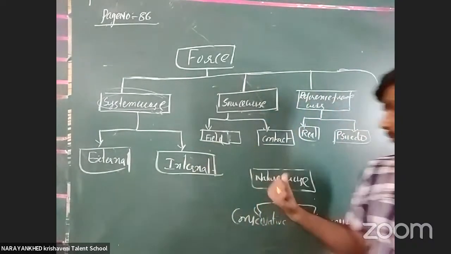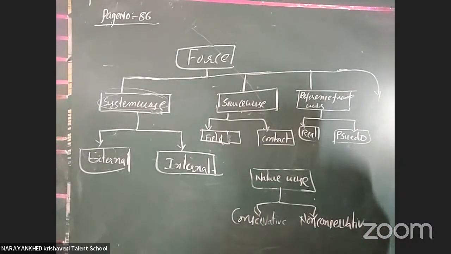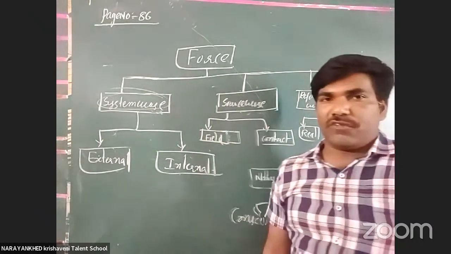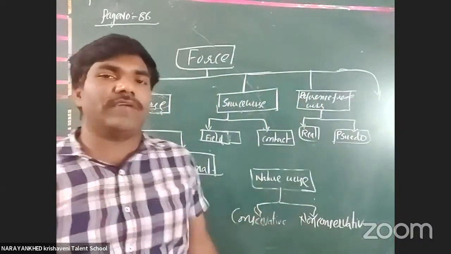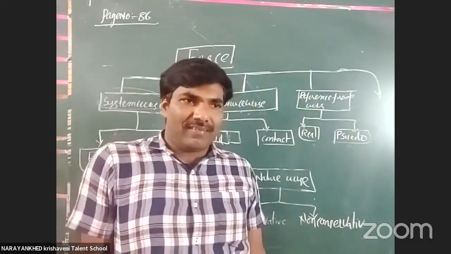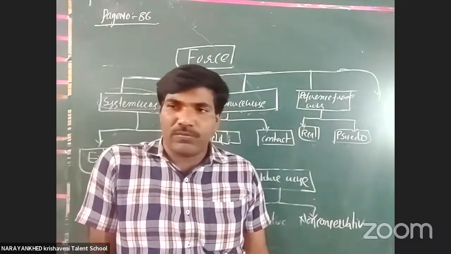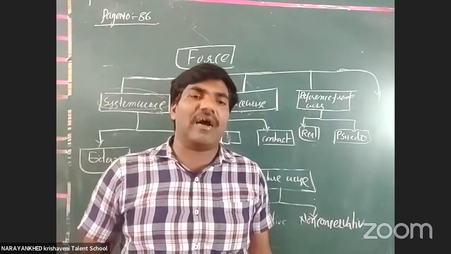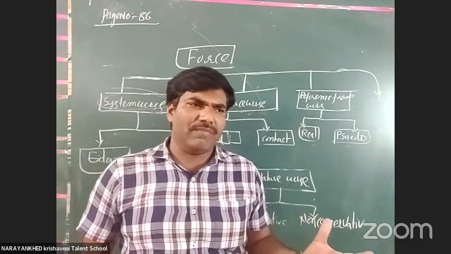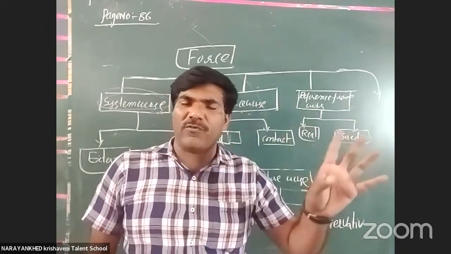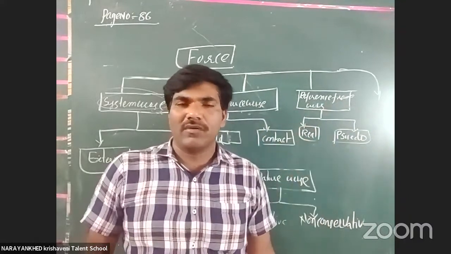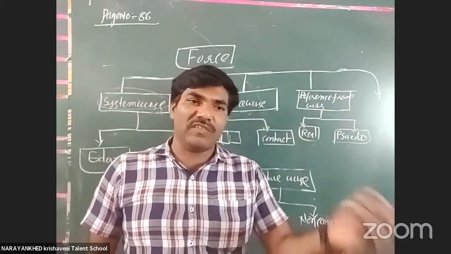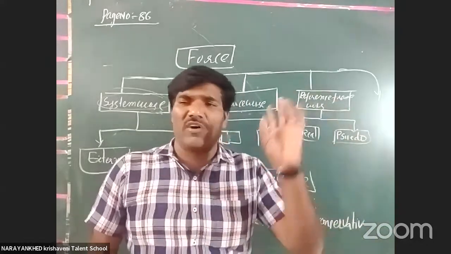Next, come to nature-wise forces: conservative forces, as well as non-conservative forces. Conservative means what? Constant. The total sum of all the forces applied on the body becomes zero. That is called conservative. In physics, the same word is repeated many times.